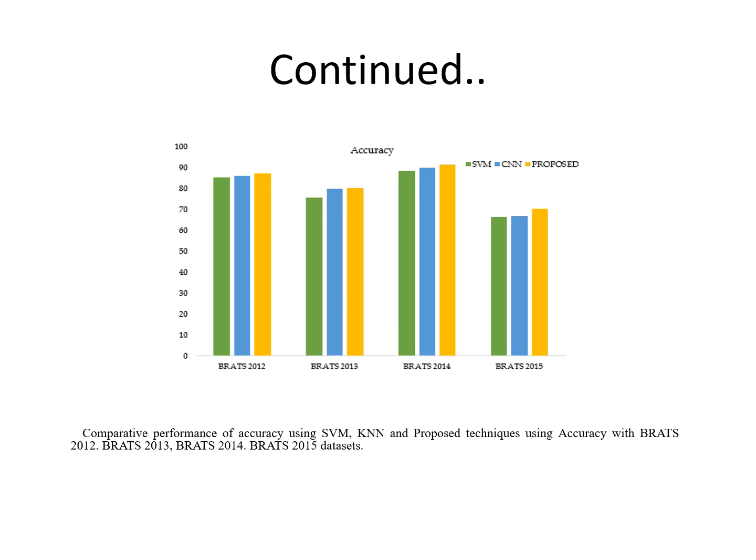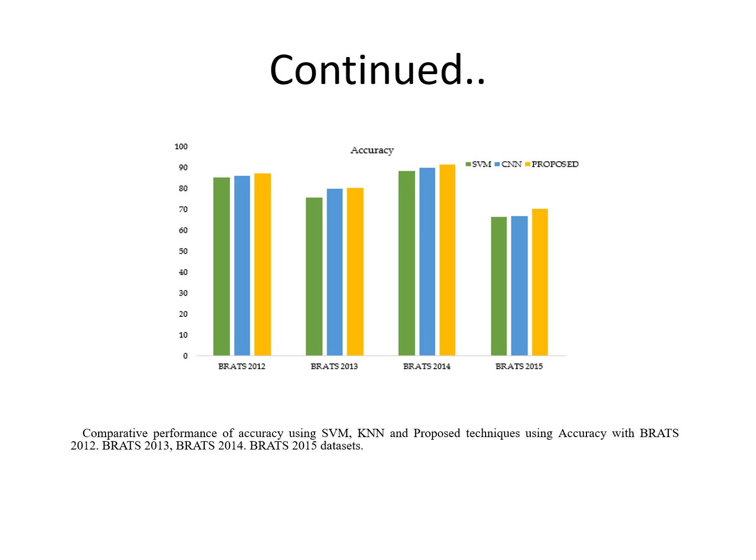So here are some results. We have taken the three, that is SVM, CNN and proposed method, and it is a graphical analysis of the comparative performance of accuracy. So green is our SVM method, blue is convolution neural network, and orange is our proposed method.